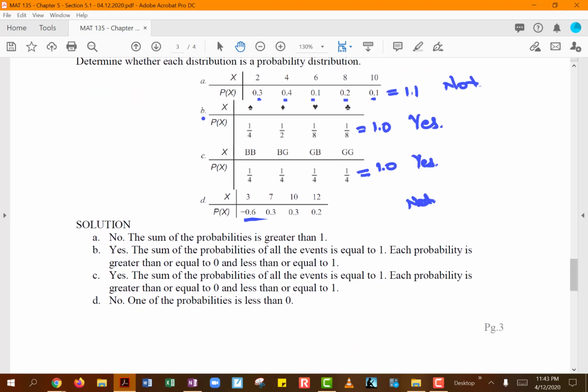So you can see our first one is not a probability distribution because the sum of your probabilities is greater than 1. The second and the third one were both yes because they satisfied both our requirements. And the last one was a no because one of your probabilities is less than 0, or basically a negative number, right?